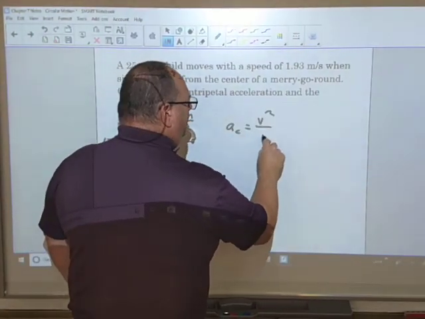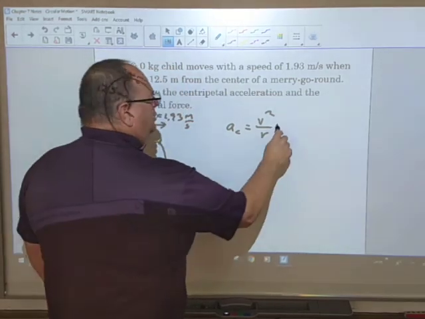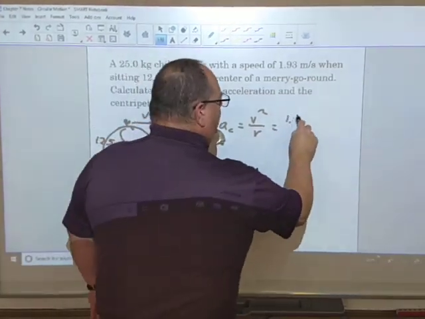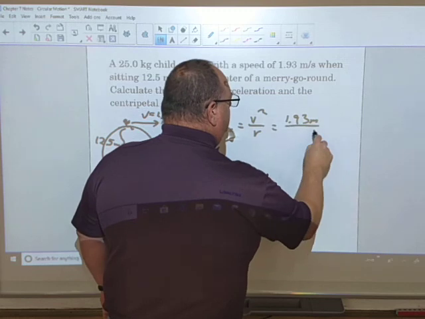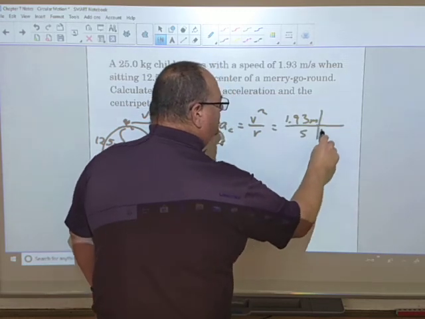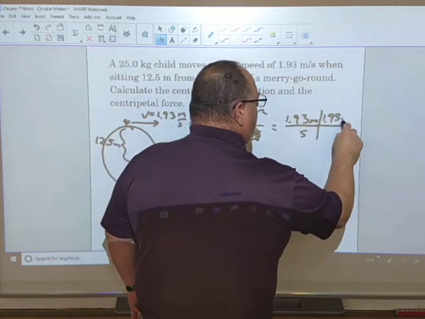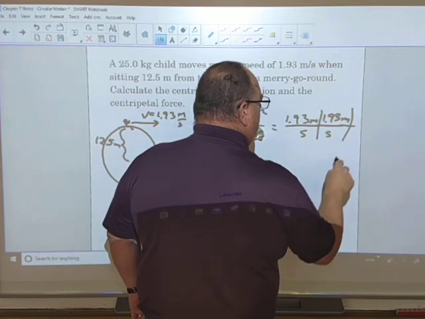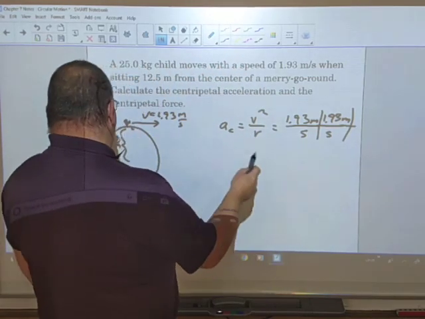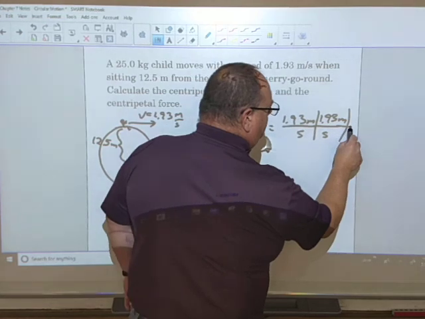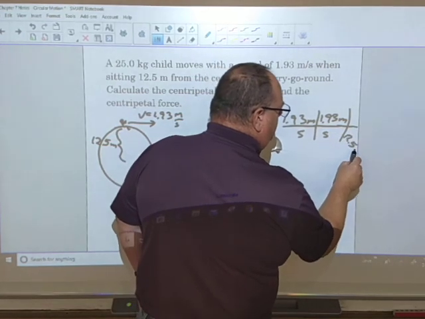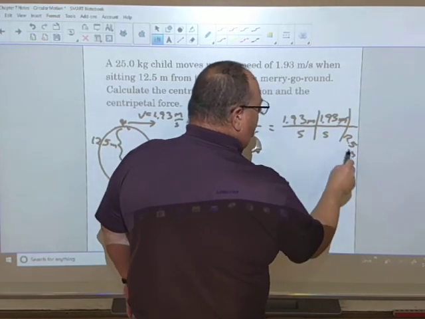It's just v squared over r. So 1.93 meters per second times 1.93 meters per second, and on the bottom I've got 12.5 meters. So one of the meters crosses off.